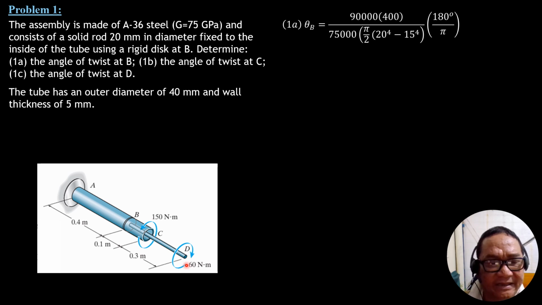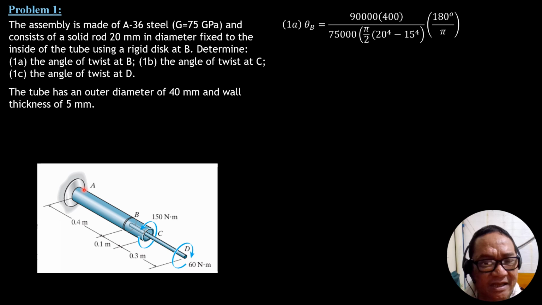If you apply the right thumb rule, negative 60, then this is positive 150. Therefore, the reaction here is negative 90. Or in short, in portion AB, the torque is 90 Newton meter. So I hope you can analyze that. So the reaction is 90 Newton meter.